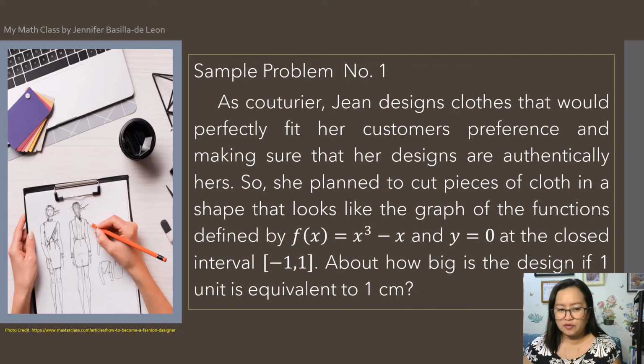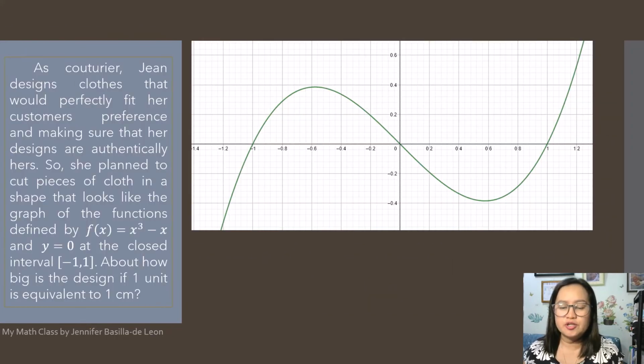Now, to have a better grasp of the given region, we graph using Desmos. We graph the function x cubed minus x. So we have this curve. Now, we also have the x-axis, having the equation y equals 0. And then we have to identify the interval from -1 to +1.